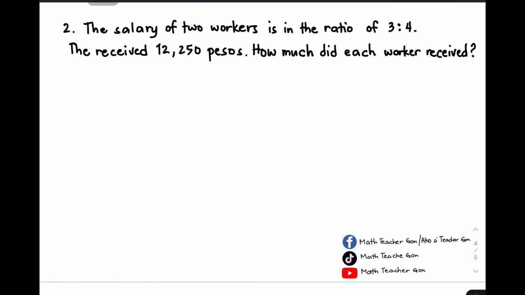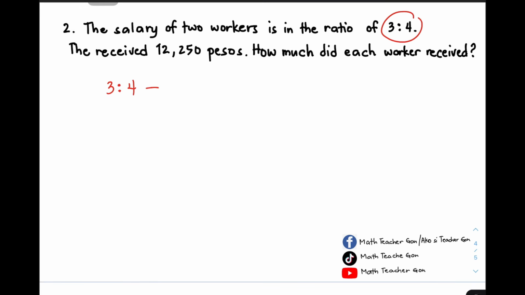That's it, guys. Now, para naman sa ating second problem, we have here this problem. The salary of two workers is in the ratio of 3:4. Ito yung ratio ng kanilang salary. They received 12,250 pesos. Ito yung total na na-receive nila. How much did each worker receive? So, alam natin na yung kanilang salary is represented by the ratio of 3:4. And ang total nun, kapag inad natin, ng salary na natanggap nila is 12,250.